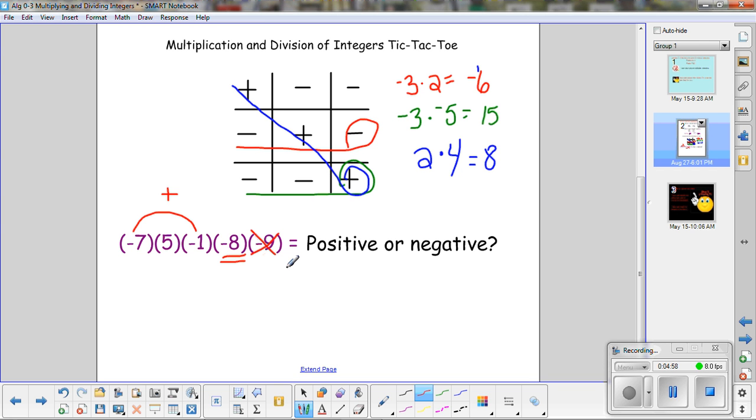So in the end, when you go to multiply by that negative, it's going to make your answer negative. What we can figure out from that is that if you have an even number of negatives, your answer is always going to be positive. If you have an odd number of negatives, your answer is always going to be negative.